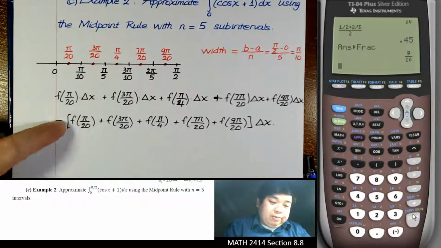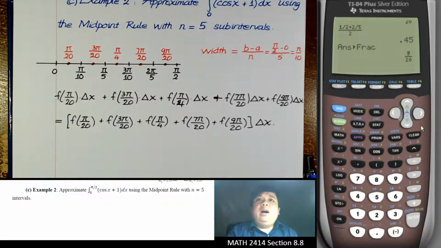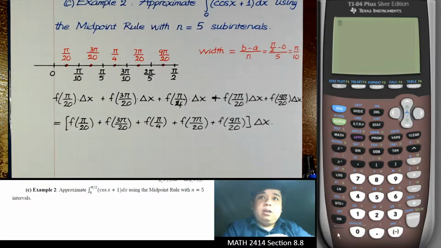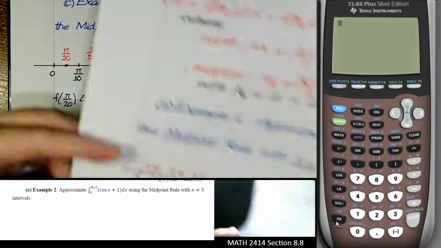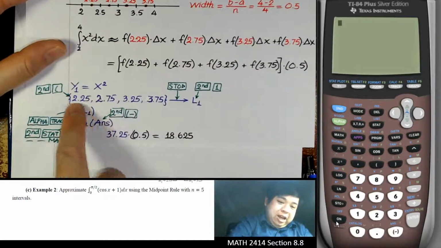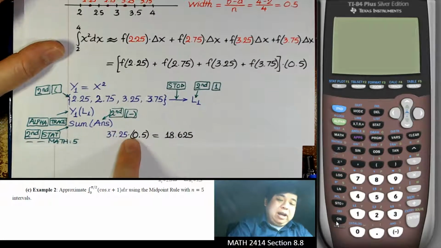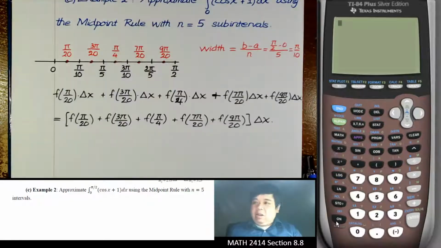So we do that. So enter all those values onto the list. Let's see what we did. Right. First enter the function, enter the list, evaluate the list, add them up, and then multiply by delta x. Right.